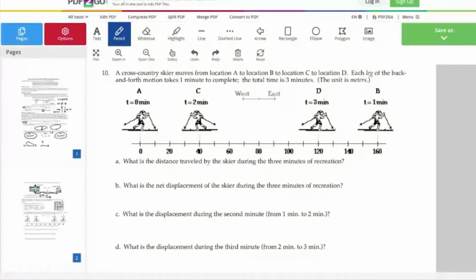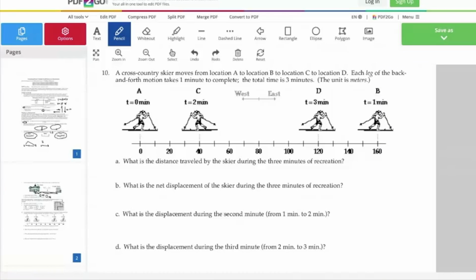When you think net, net is just like displacement. So if you walked forward 10 meters and you walked backward 10 meters, your net displacement is 0. Remember also that displacement has a direction.